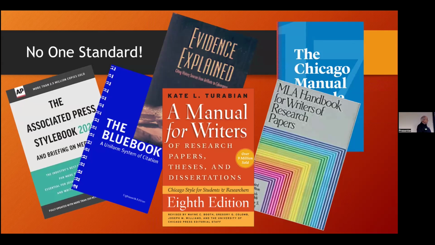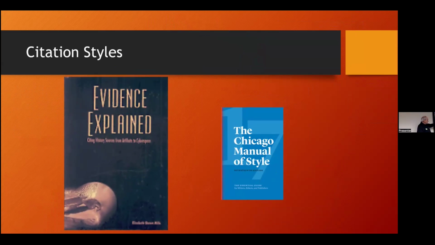And if you're going to, I recommend you use Evidence Explained by Elizabeth Shown Mills. It's based on the Chicago style, but it has a whole bunch of extra stuff in here that is unique to genealogical sources. And if you buy the book, it's the LA phone book.